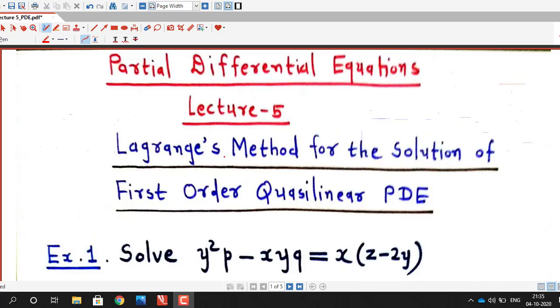In lecture 4 we have discussed the Lagrange method for the solution of quasi-linear partial differential equation.